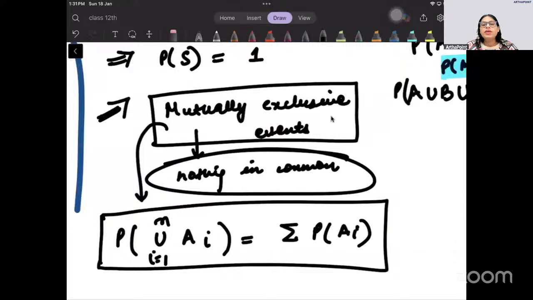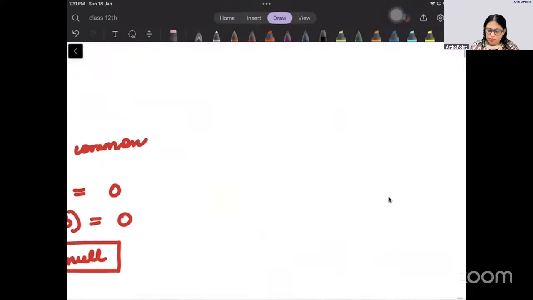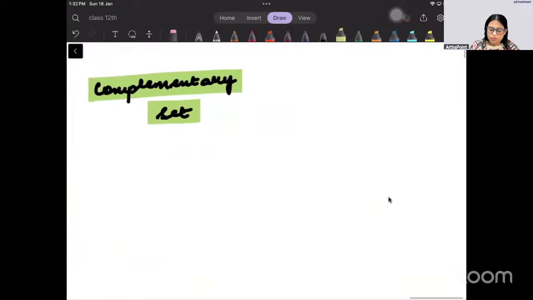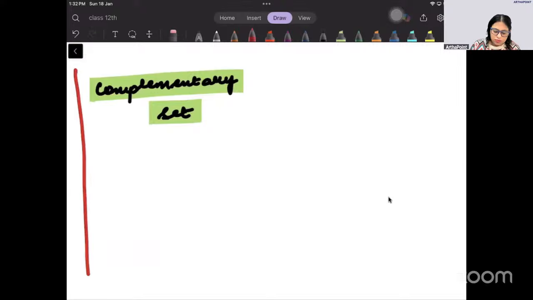Okay. Now we can talk about some of the derived results related to probability. The first thing we need to understand is what a complementary set is. A complementary set is any set other than the set itself.